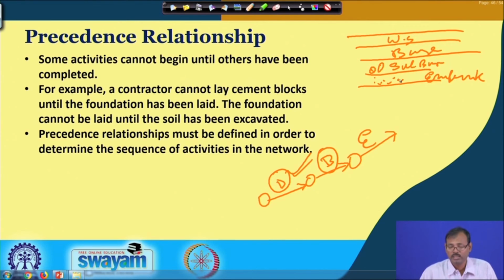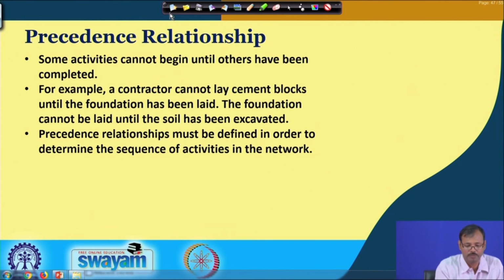So, the layering, that is the precedence of the construction of the embankment, is essential for the construction of the sub base layer. So, this precedence must be followed properly, and that is why they must be identified. So, precedence activities are essential. Unless and until the precedence activity is completed, the successor activity cannot be started.